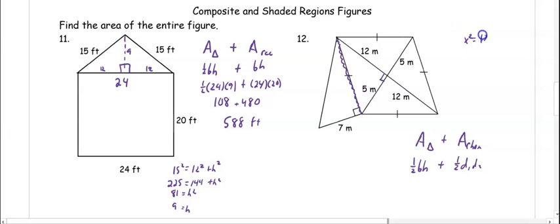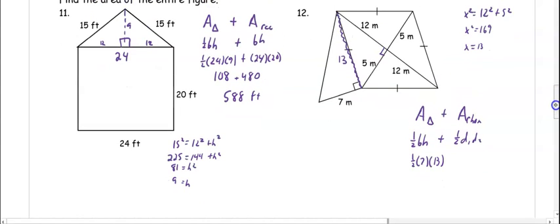So x squared equals 12 squared plus 5 squared. X squared equals 169, so x is 13. So we would have 1/2 times 7 times 13 for the triangle. So we get 45.5 plus the area of the rhombus is 1/2 diagonal times diagonal.